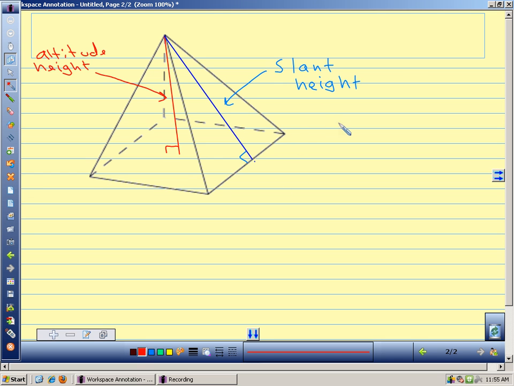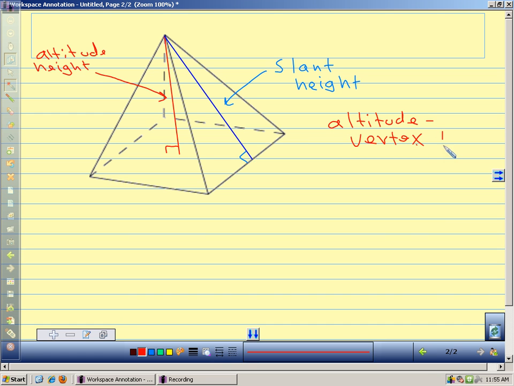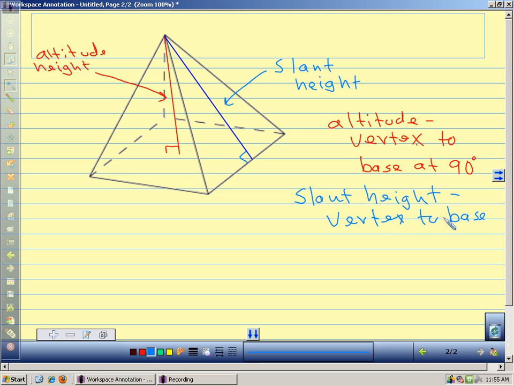So the altitude is from the vertex to the base at a 90-degree angle, and the slant height is from the vertex to a base edge at 90 degrees.